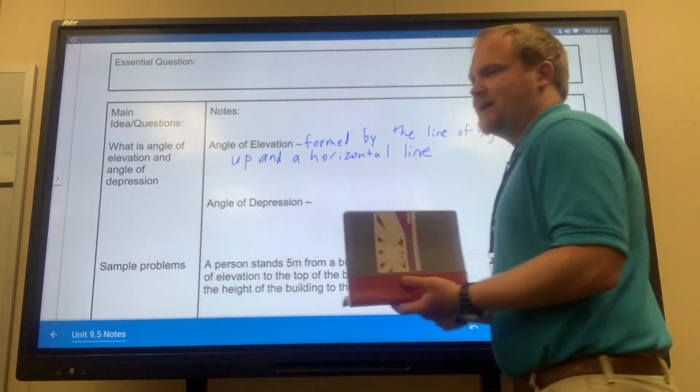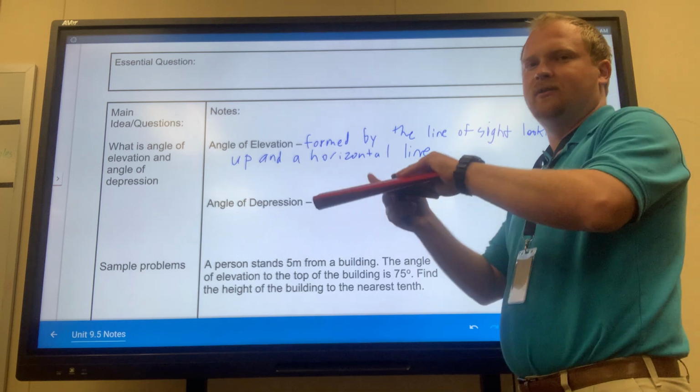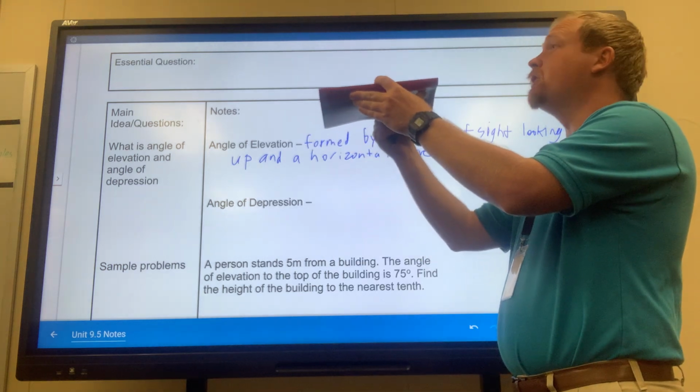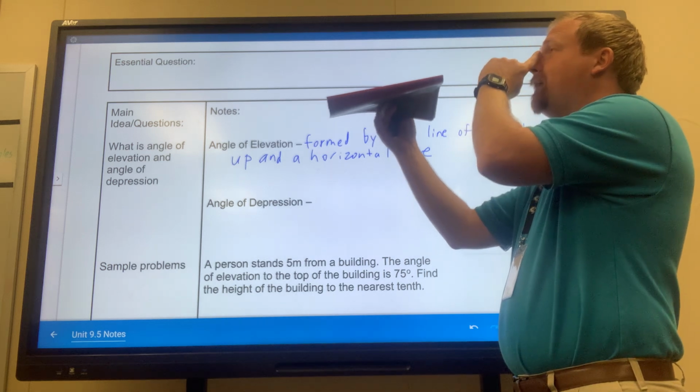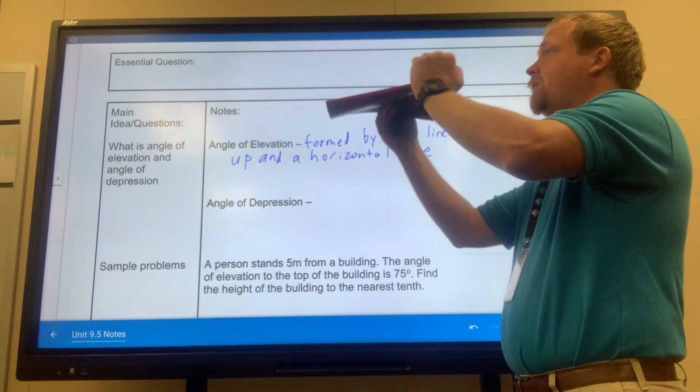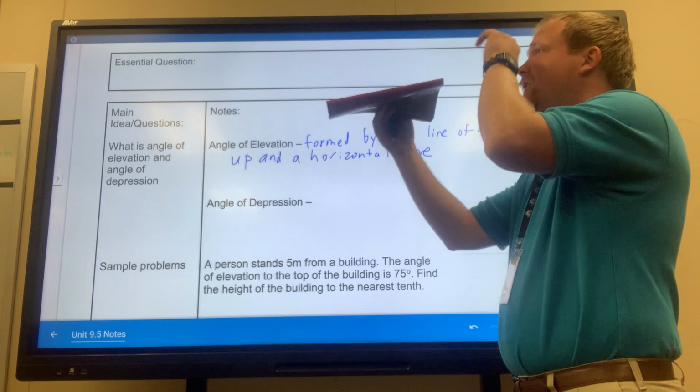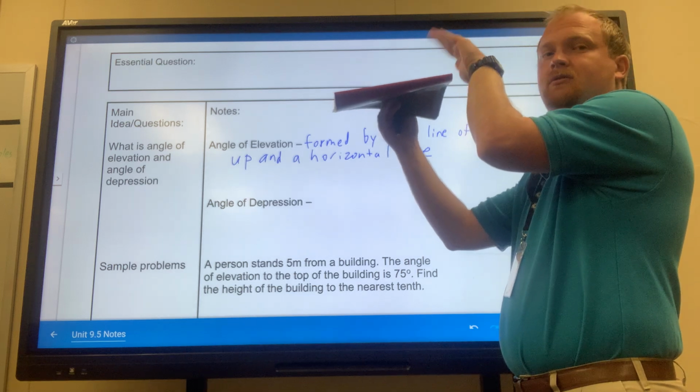So for example, if I have a horizontal line going this way, and I'm looking up, that angle from my perspective going up with this horizontal line, that's the angle of elevation. Okay?